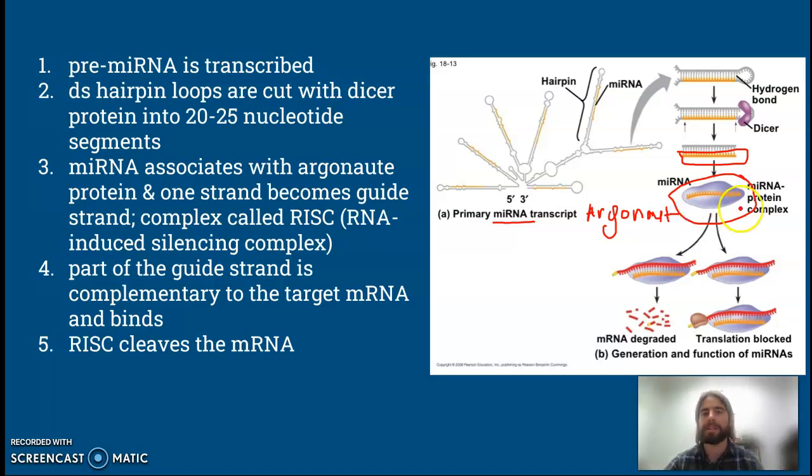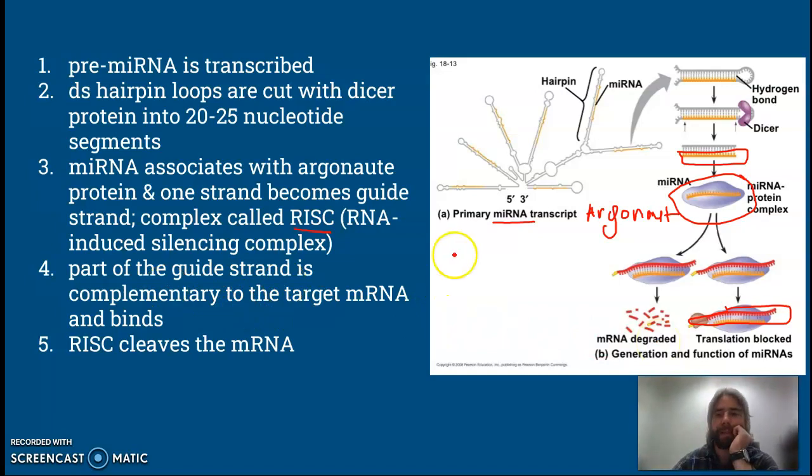And what this protein does is it connects with this microRNA here and helps form a larger complex called RISC. It is the RNA-induced silencing complex, and its job is to connect with a strand of RNA, this red RNA that's being translated, and essentially degrade and chop that strand.